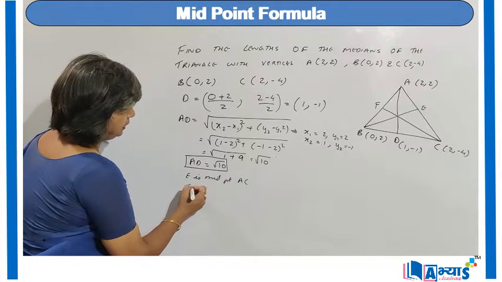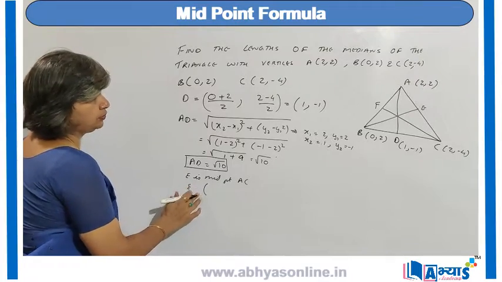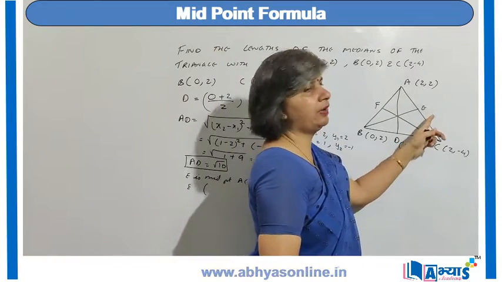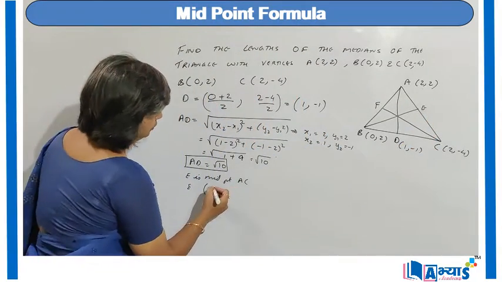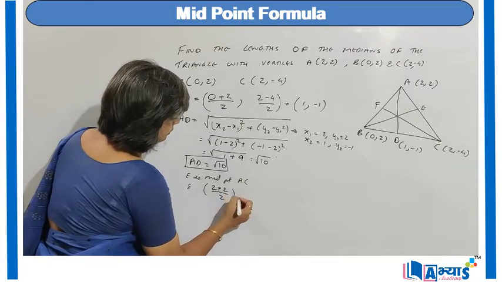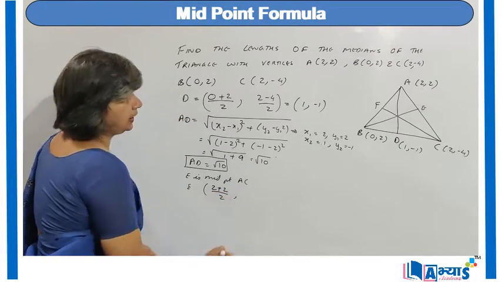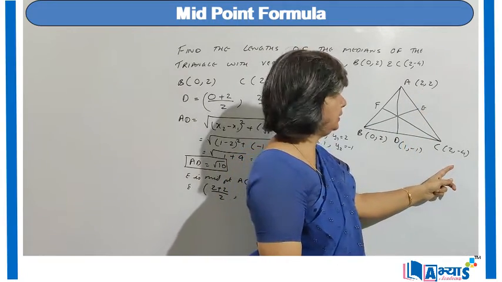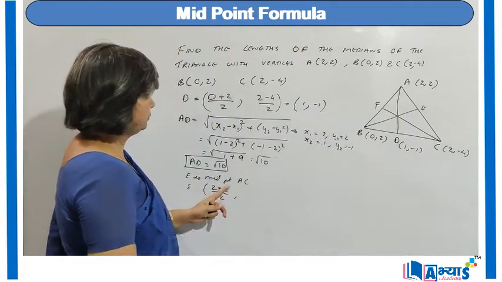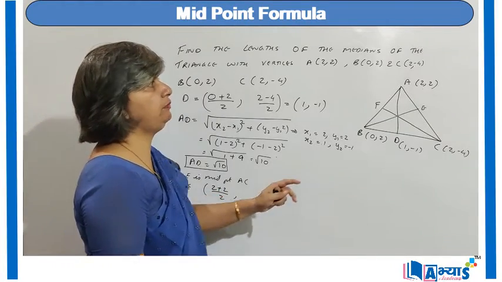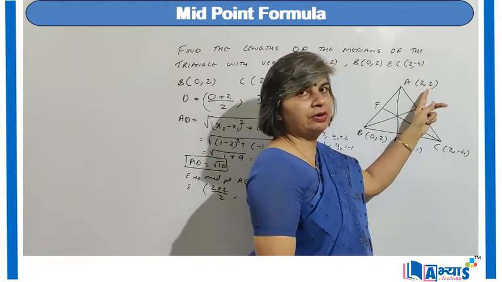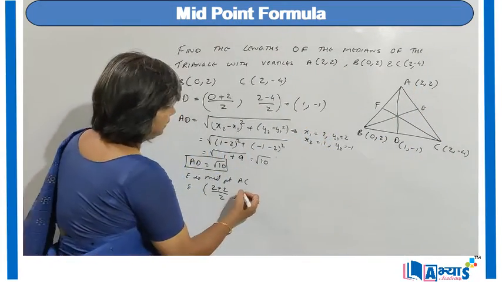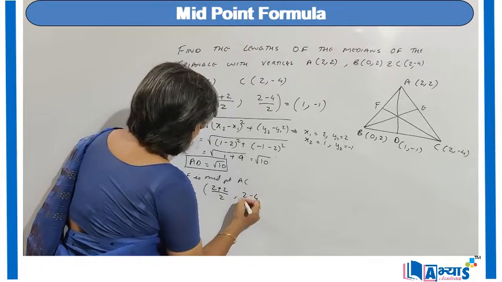So using the coordinates of A and C we can find the coordinates of E. It will be 2 plus 2 divided by 2, comma, that means we are adding the x coordinate of A, that is 2, with the x coordinate of C, that is 2, divided by 2. Similarly, we will add the y coordinates. The y coordinate of A is 2 and the y coordinate of C is minus 4. So it will be 2 minus 4 upon 2.